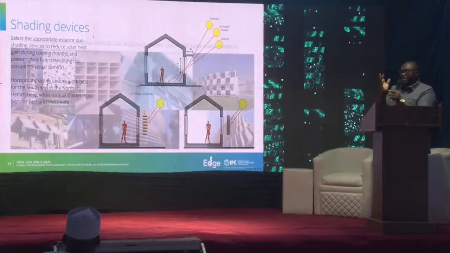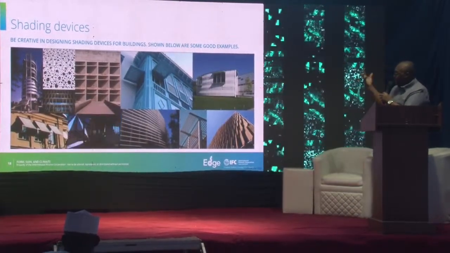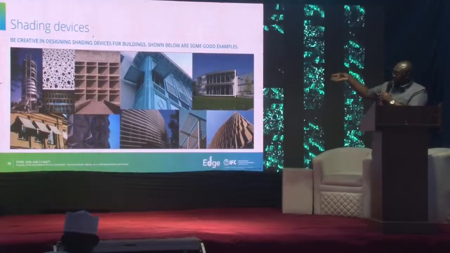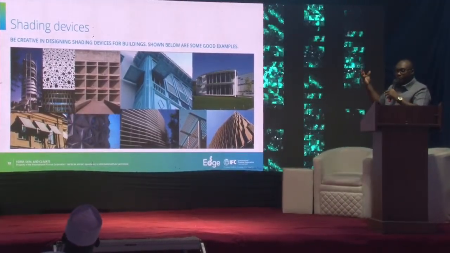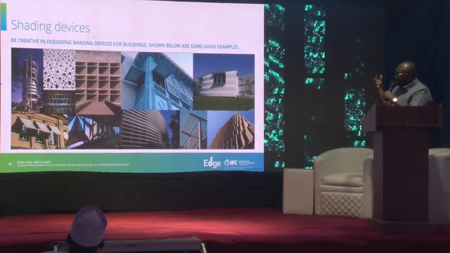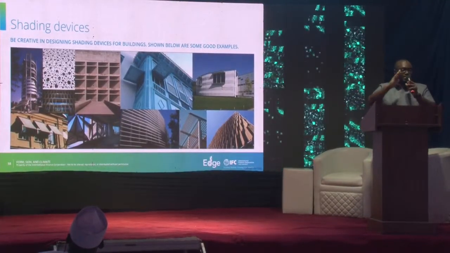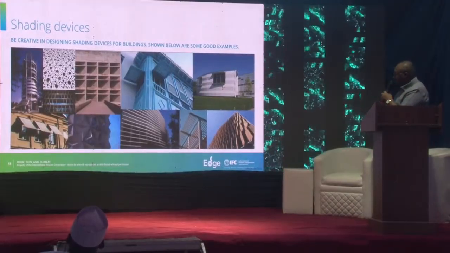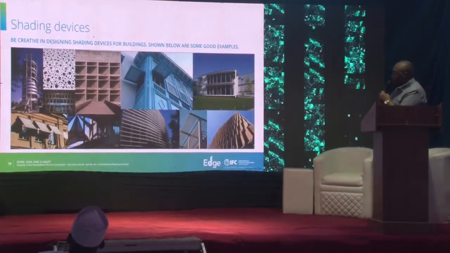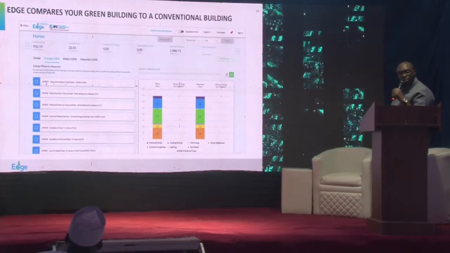So these are just concepts you can use, and these are practical examples of different solar shading devices. Some of them even have mechanical systems attached where they are able to trace the sun path and create some shading as well, and they even make the buildings more beautiful.